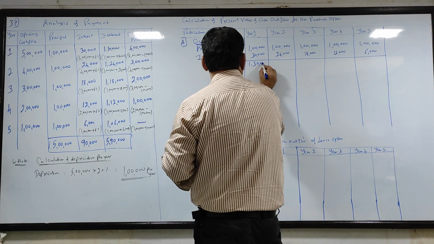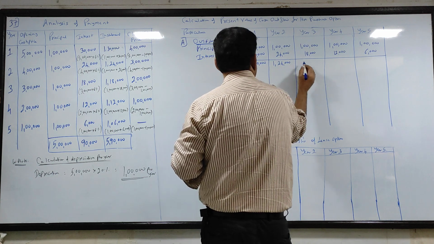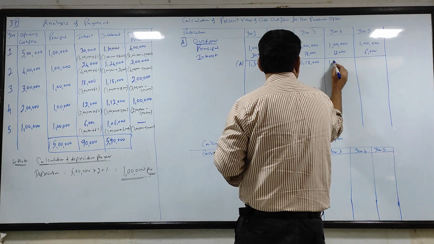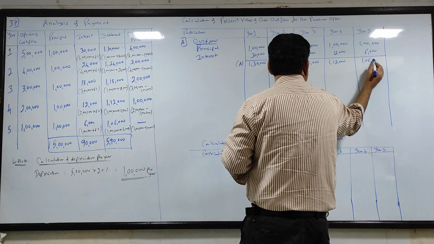Take the total: 1 lakh 30, 1 lakh 24, 1 lakh 18, 1 lakh 12 and 1 lakh 6.